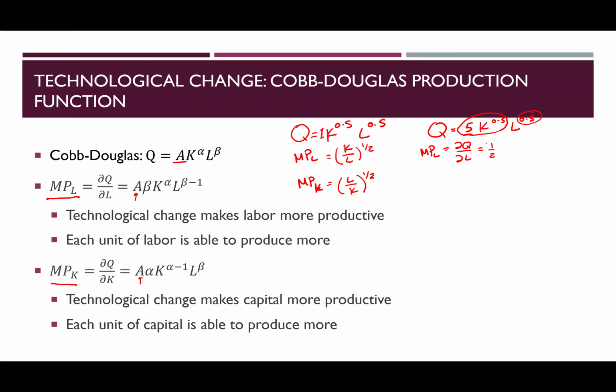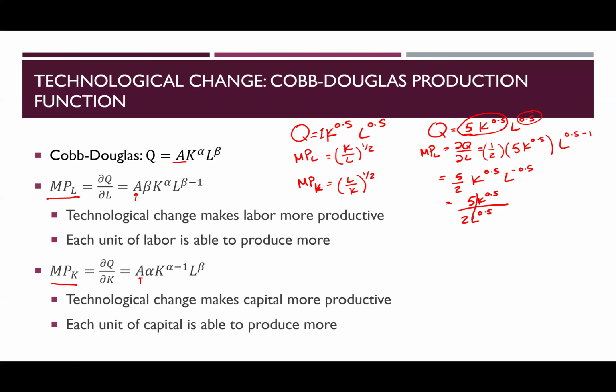And so we're going to use that power rule and multiply the exponent 1/2 by the constants modifying labor. So we'll have 1/2 times 5 times K to the 1/2 power times L to the 1/2 power, and we subtract 1 from that exponent. So simplifying, we have 5 over 2 times K to the 1/2 power times L to the negative 1/2. And we can rewrite this equation as 5 times K to the 1/2 all over 2 times L to the 1/2 power.